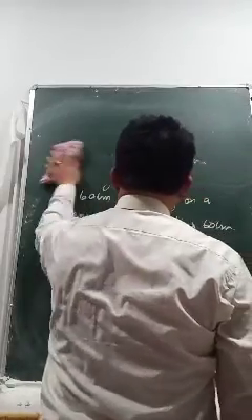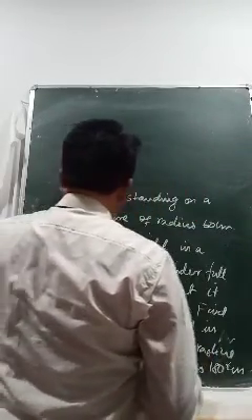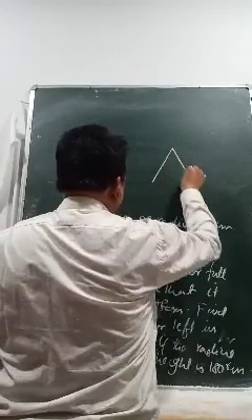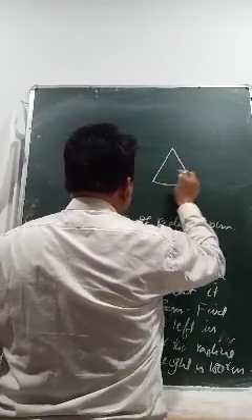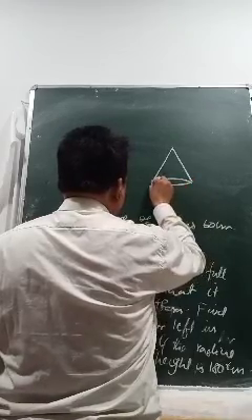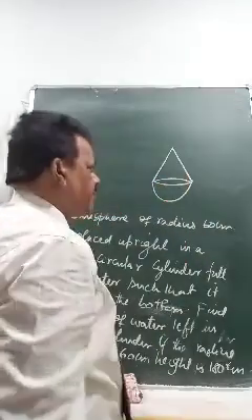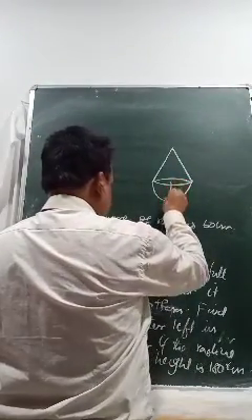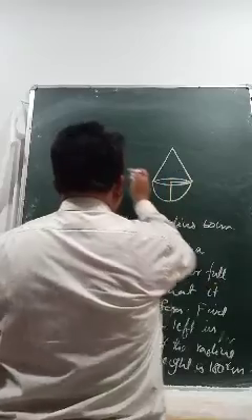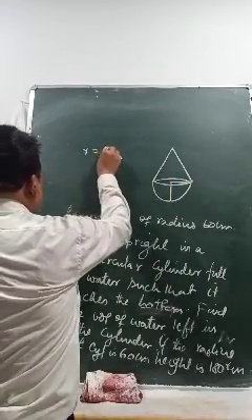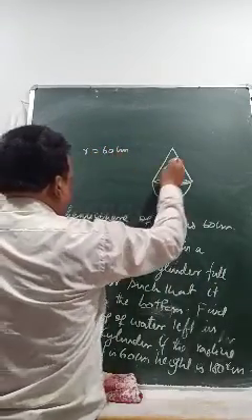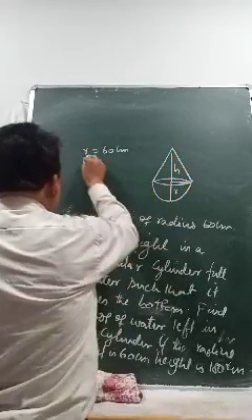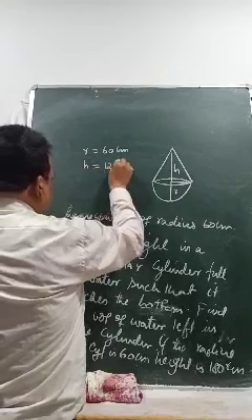First, what you have is cone on a hemisphere like this. So its radius is same. That means your R is same. Height of the cone H, this is R. H equals to 120 centimeter.